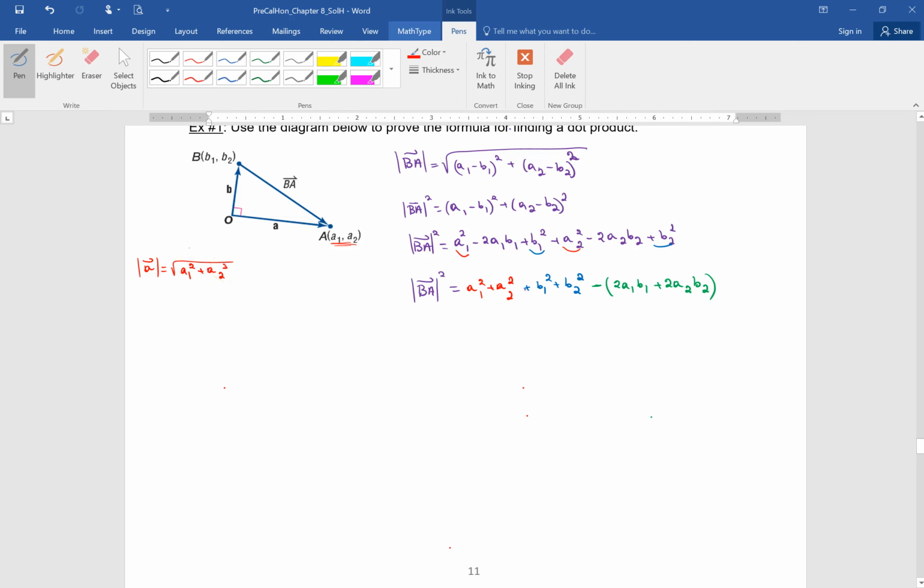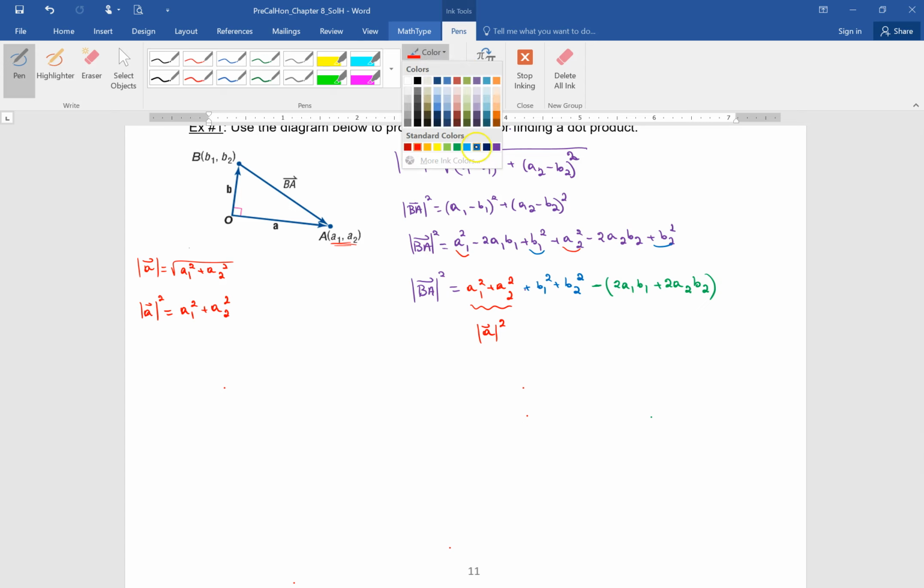Now, what if I squared it? Just because I don't like the square roots. Then the magnitude of A squared is A1 squared plus A2 squared. Okay? So then what is this really? It's the magnitude of A squared. So then what's the other one in the blue? The magnitude of B squared.